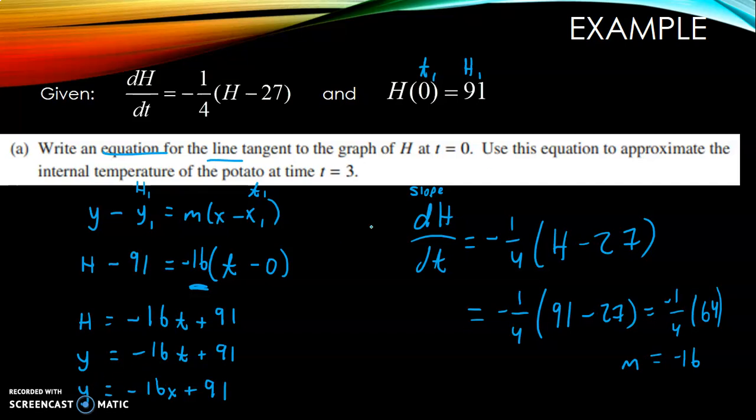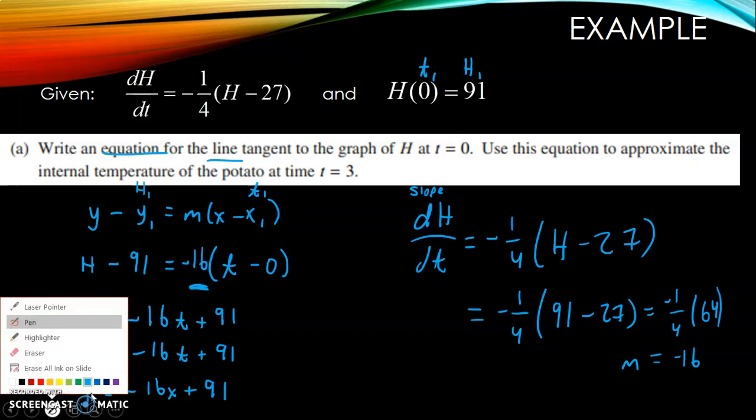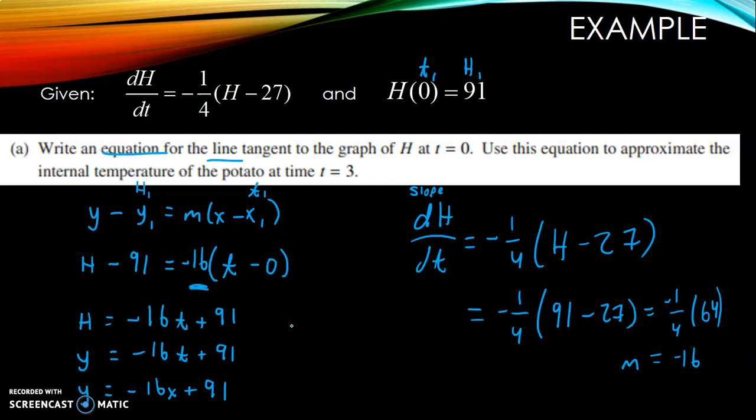Now, once we've got our equation, we've done the first part. We wrote the equation of the tangent line. We need to use this equation to approximate the temperature. So let's do that in green here. So I need to know at t equals 3. So I'm going to use this one. So we're going to say h equals negative 16 times 3 plus 91.